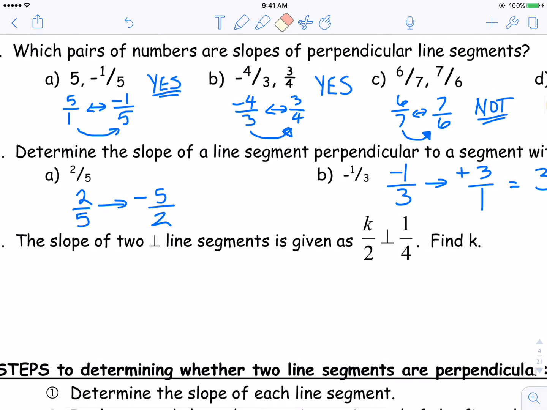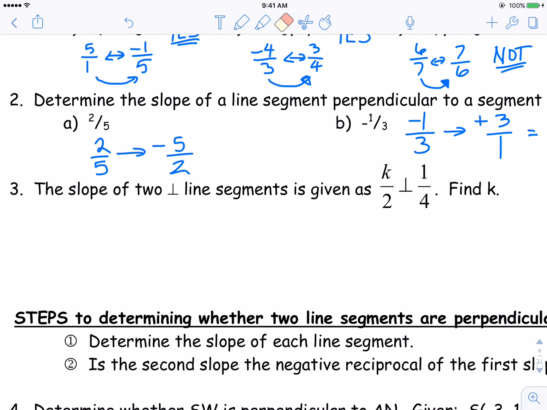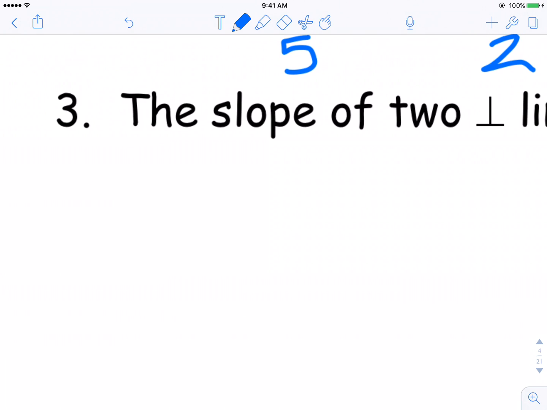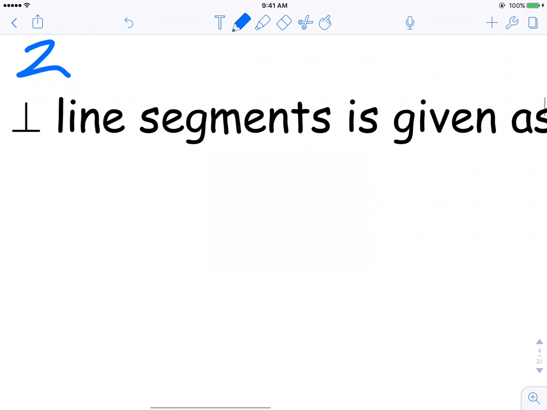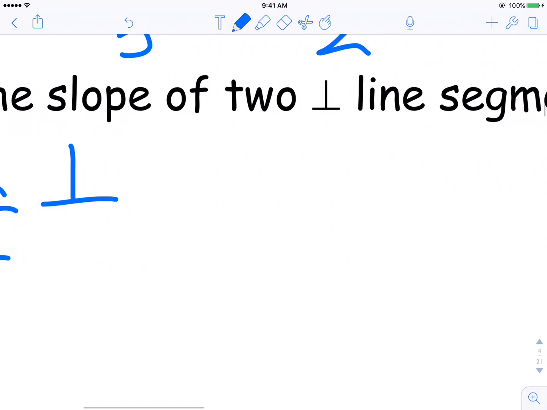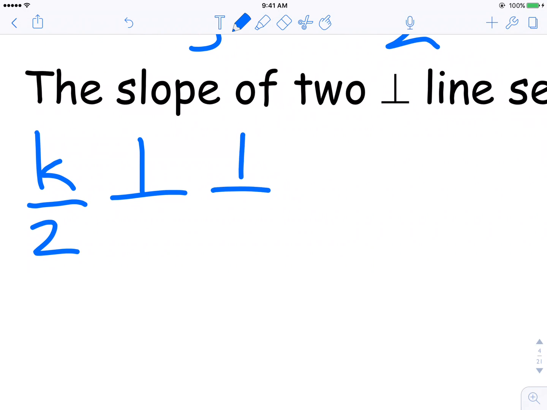Example 3. If I can make this smaller, there we go. The slopes of two perpendicular line segments are given: k over 2 is perpendicular to negative 1 over 4.